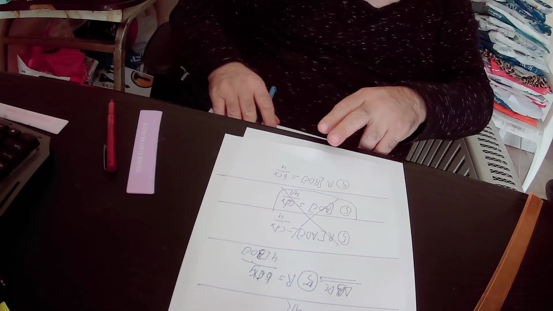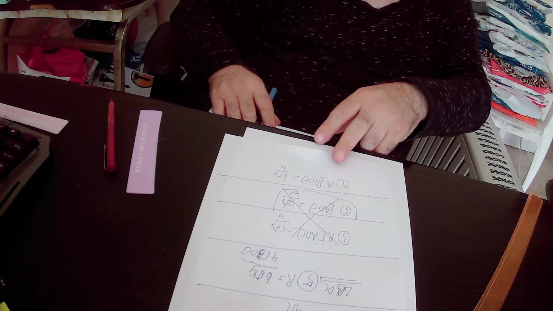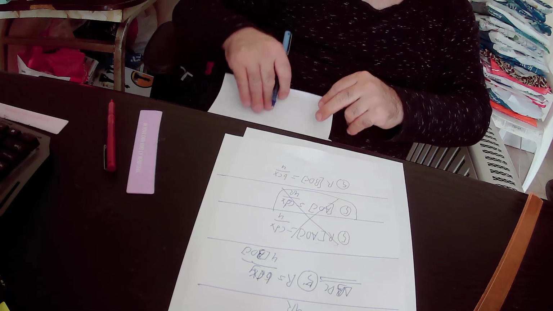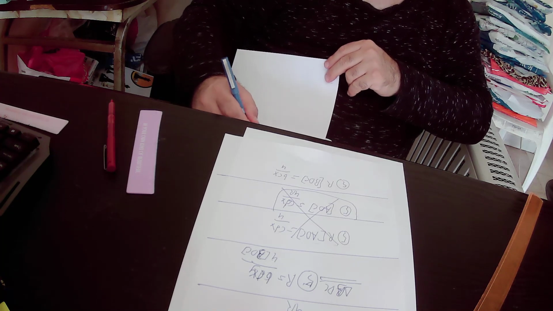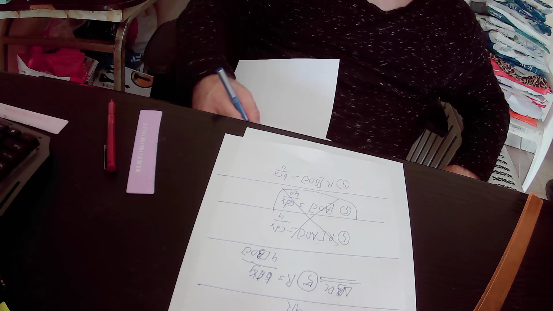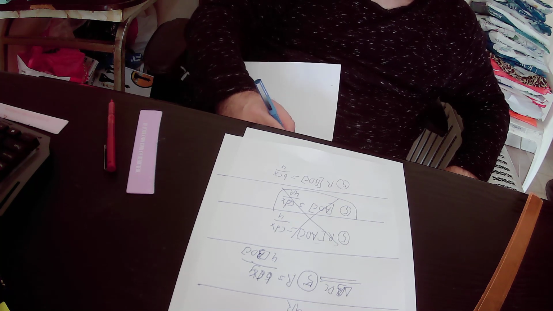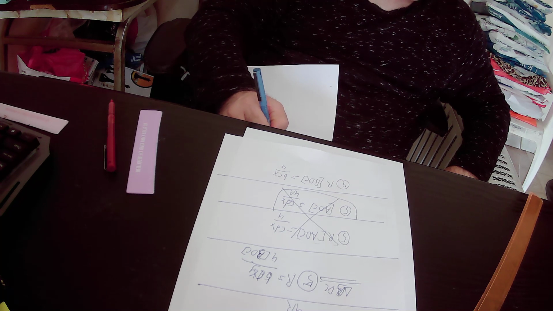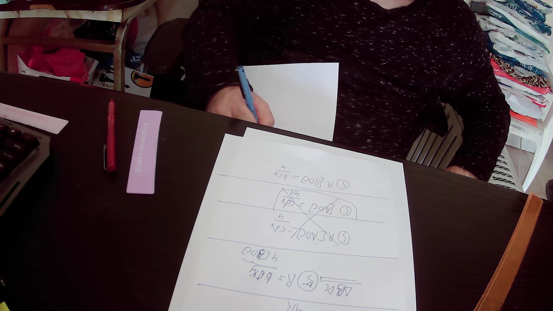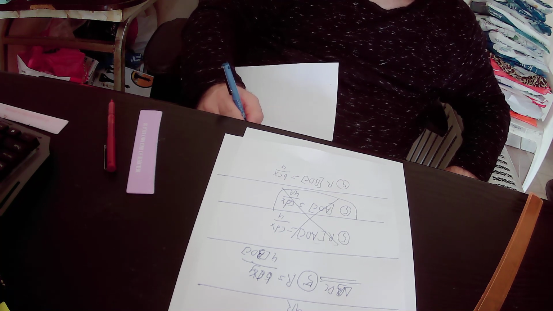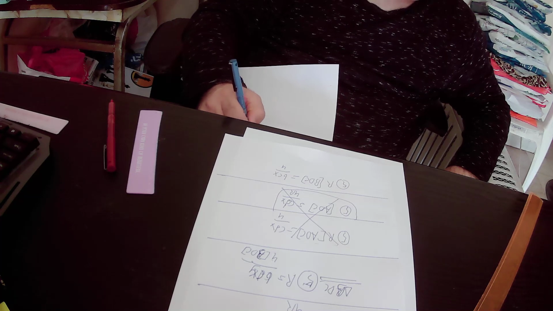Here we will divide equation number 5 by R, and we will get that the area of triangle BDC equals BCX over 4R.